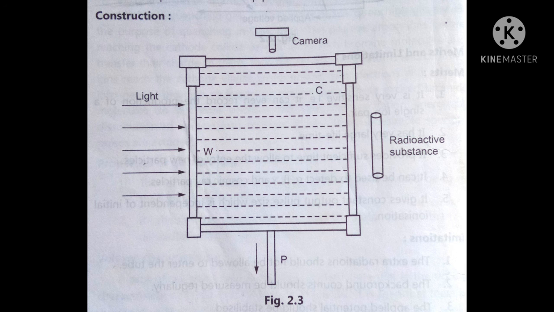Consequently, the air is cooled and becomes supersaturated with water vapor. Now the vapor condenses in the form of extremely fine droplets on all ions before they recombine. These droplets mark the track or path of moving ionizing particles, which is photographed by the camera.